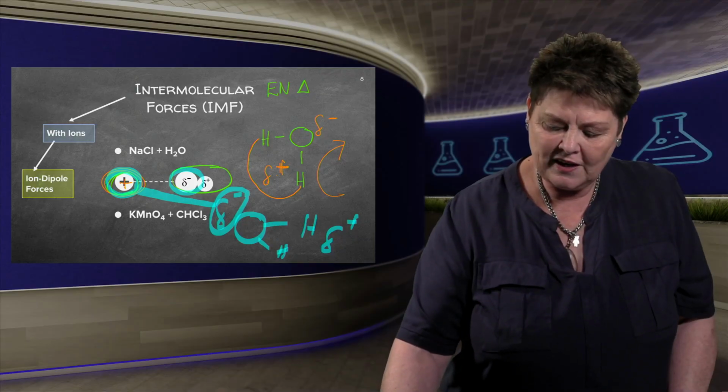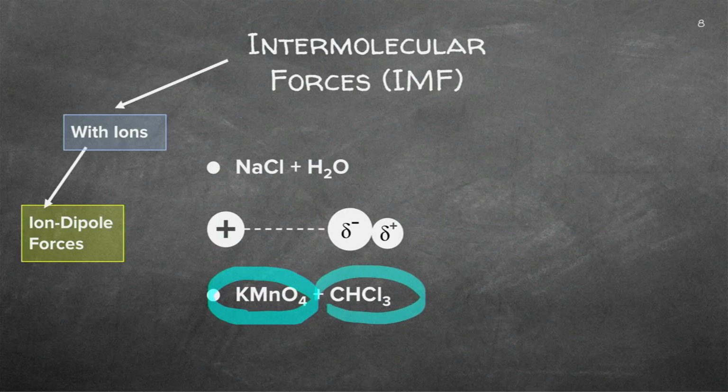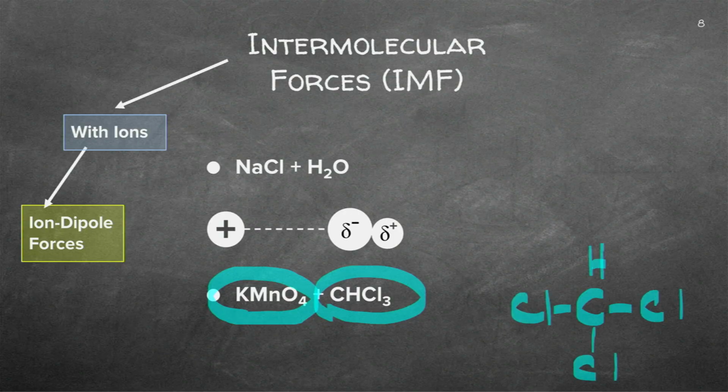Can you think what will happen if I've got KMnO4, potassium permanganate, with CHCl3? So I've got CH, and Cl, Cl, Cl. You can now already establish that this side is going to be the negative side. That side will be the positive side.